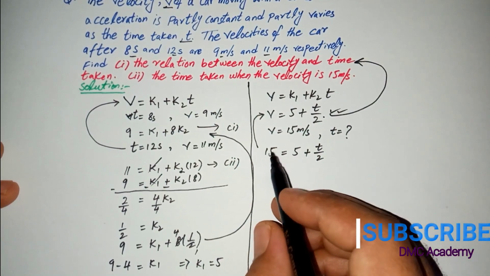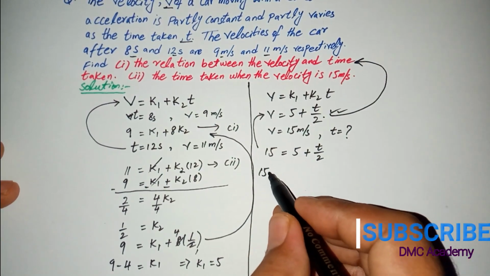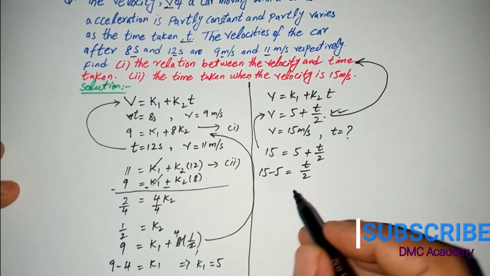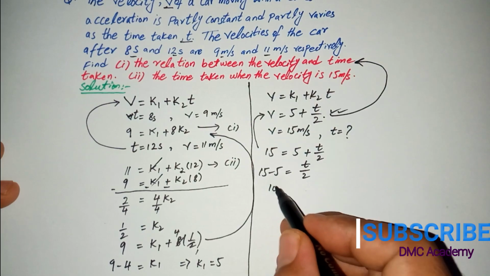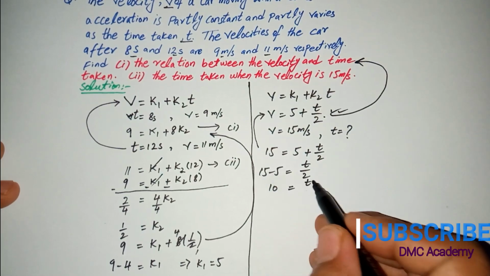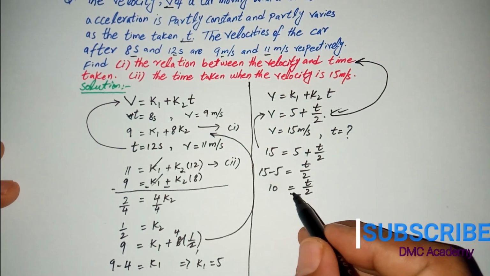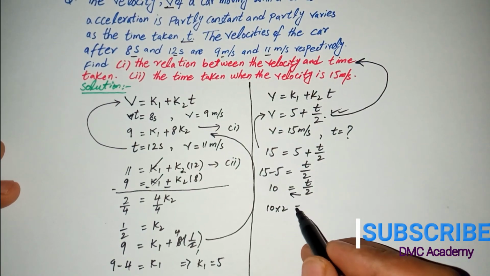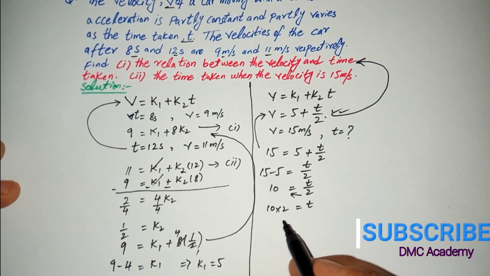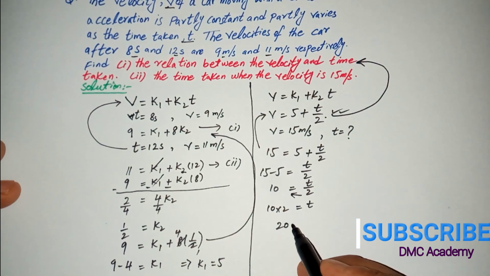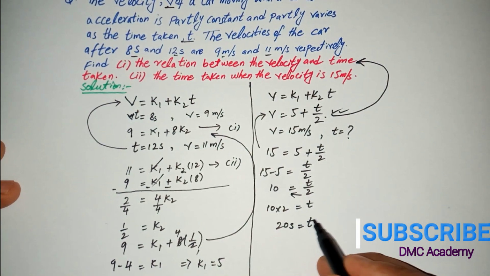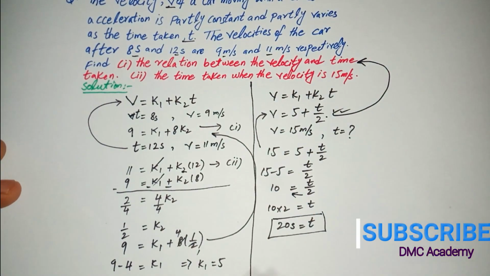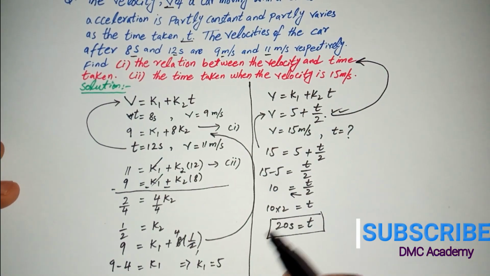Transport 5 to the other side. 15 minus 5 equals T by 2. 15 minus 5 gives you 10 equals T by 2. So this 2 will multiply: 10 times 2 equals T. 10 times 2 will be 20 seconds. So time will be 20 seconds when velocity is 15 meter per second.